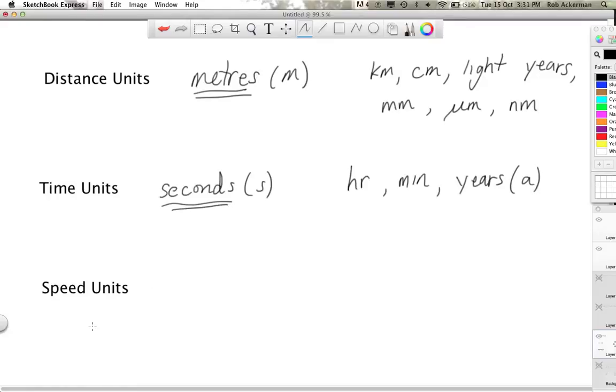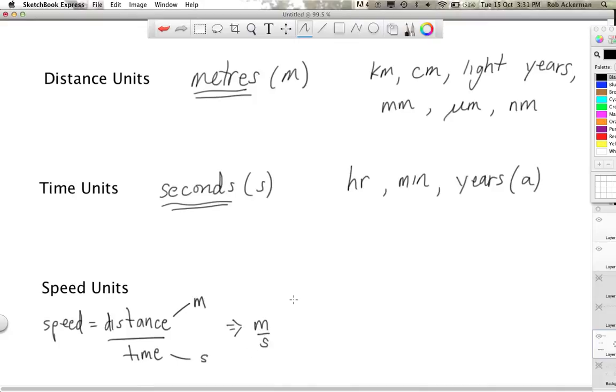So when we're talking about speed, now you know from the last unit that speed equals distance over time, and today we're going to learn a slight variation on that formula. However, since we're dividing distance, which is often in meters, by time, which is often in seconds, of course, we're going to get some answer in meters per second.